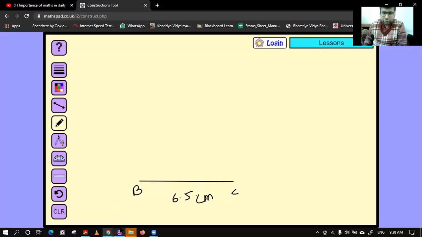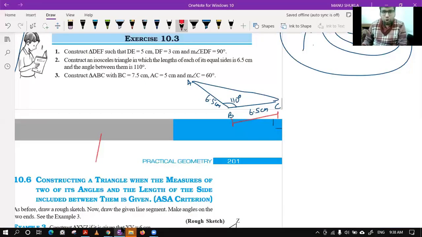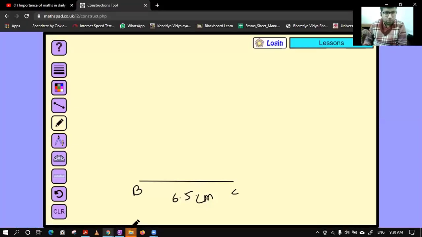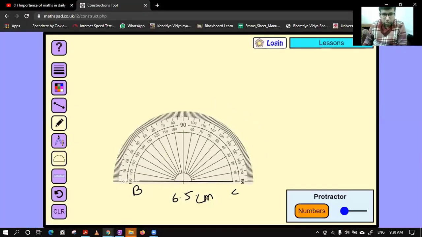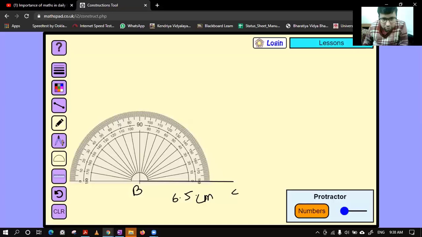Fine. Now let's see. We have to draw this angle of 110-degree angle. So you can take a protractor for that. Okay. And measure the angle 110. To measure that, from here we are starting, 0 to 110 is here. Somewhere this point. One second.